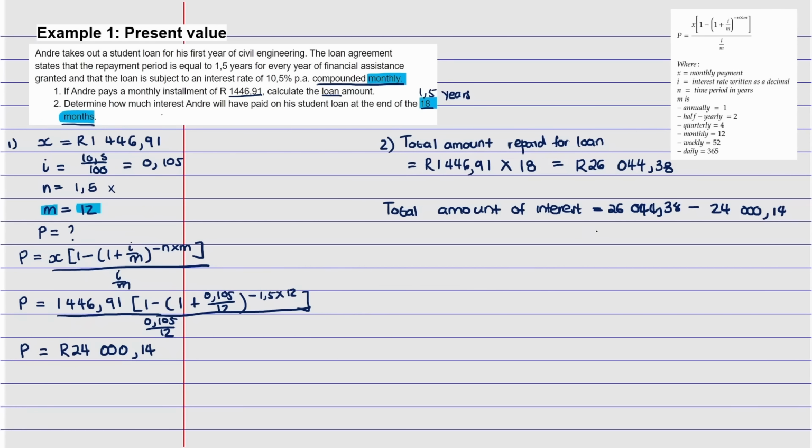Put that into the calculator. You're going to get that the interest that was paid is 2,044 rand and 38 cents. So that's the total interest that was paid.